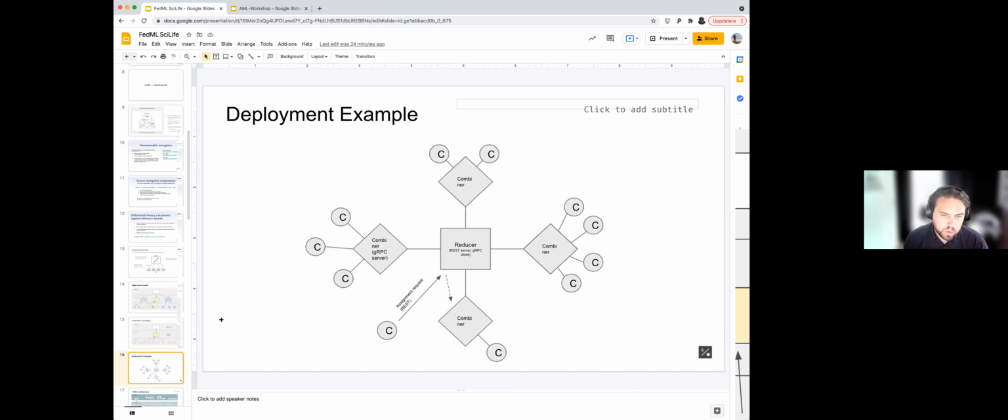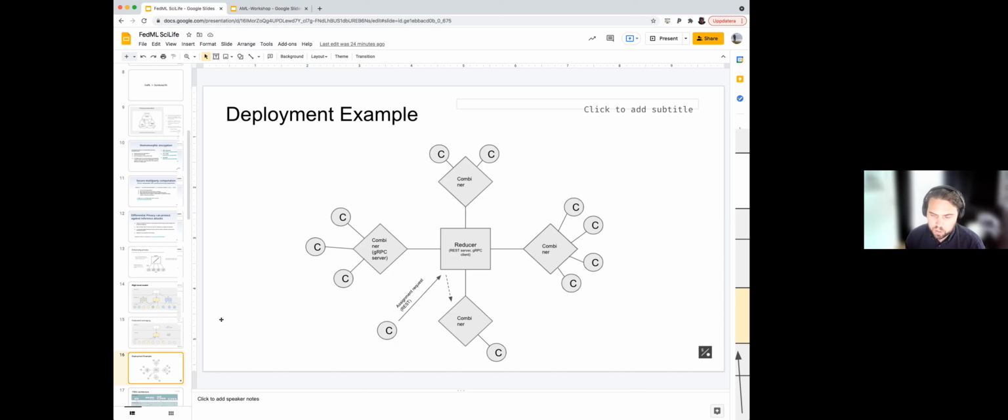A good thing with this design is that you can deploy these combiners taking into consideration both regulatory issues and performance issues. We can deploy a combiner close to a client group. Say you have a bunch of clients at SciLifeLab in Uppsala that should connect, you can have a combiner running in SciLifeLab.